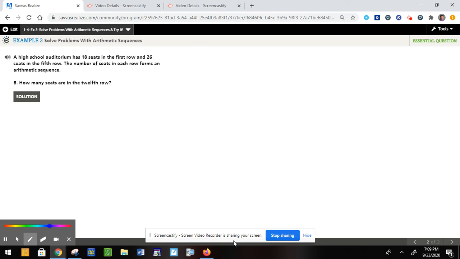All right, so you notice how it's the same information. So we can use the formula that we wrote on the last example. So a sub n is equal to 18 plus 2 times n minus 1. If it's asking us for the 12th row, we're simply going to substitute 12 in for n.